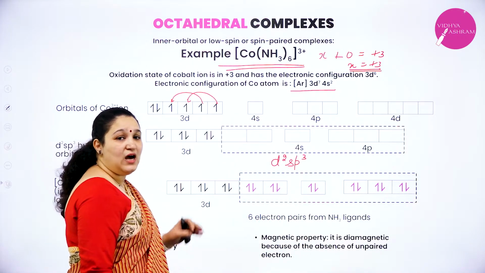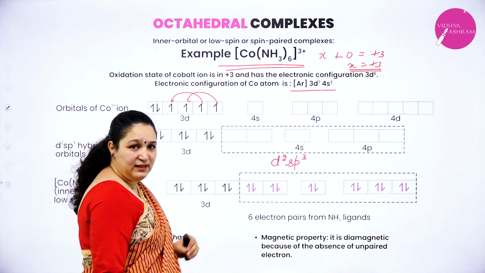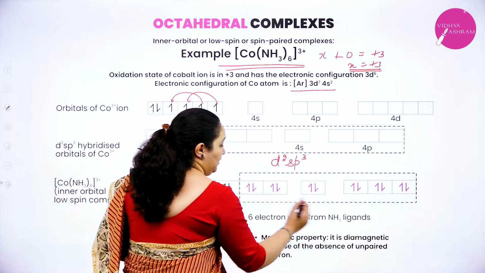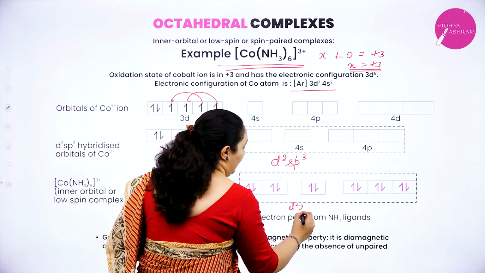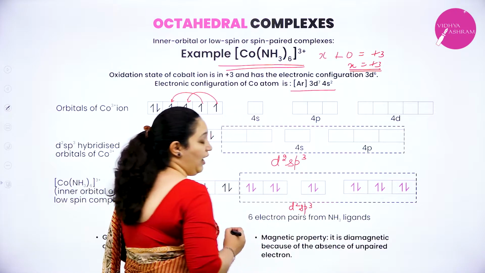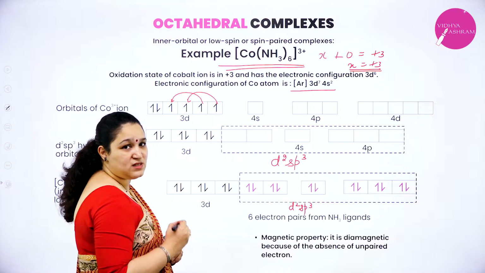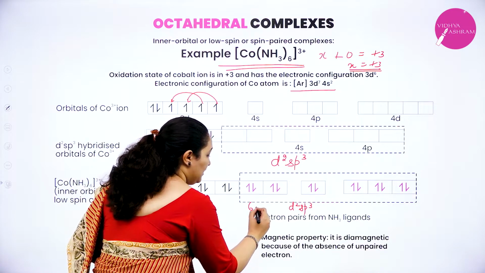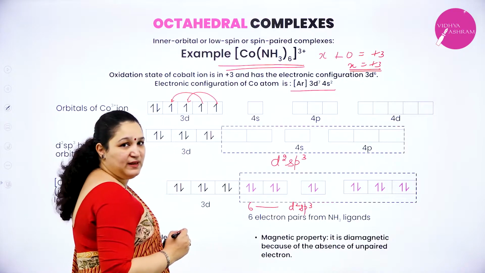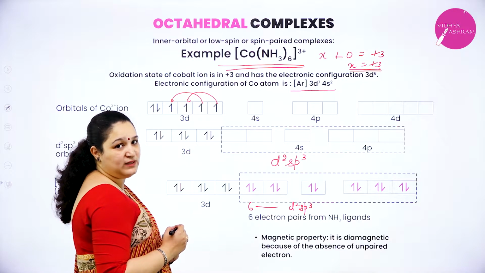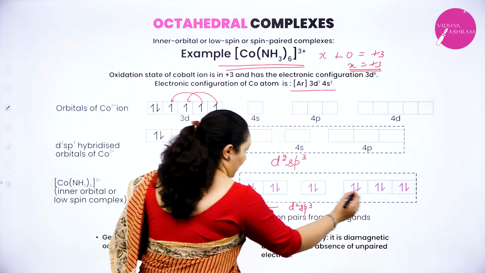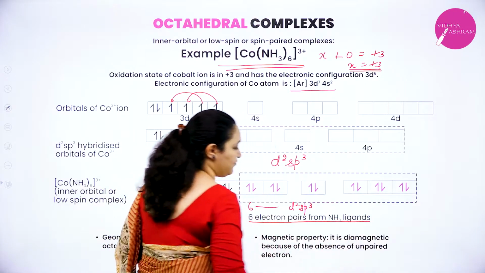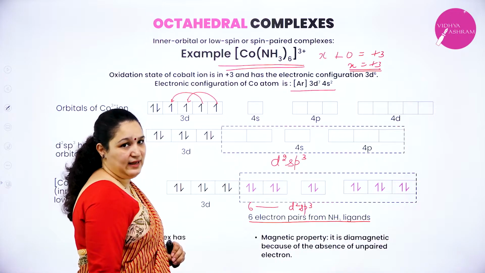The electrons donated by the ligands occupy the d2sp3 hybridized orbitals. How many d2sp3 hybridized orbitals? 6 d2sp3 hybridized orbitals, which are now filled with the 6 electron pairs from the NH3 ligands.